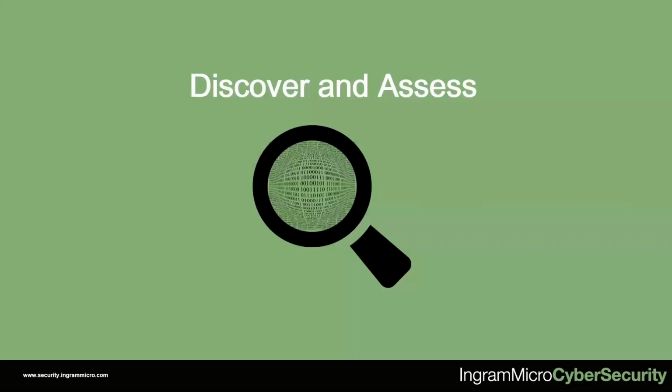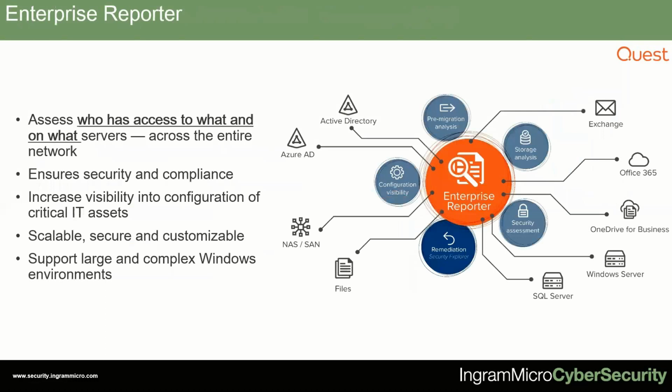So let's start with discover and assess. As I mentioned, it's very essential to understand who has access to what resource. So let's see how Quest can help you with this kind of scenario. We have something called Enterprise Reporter.